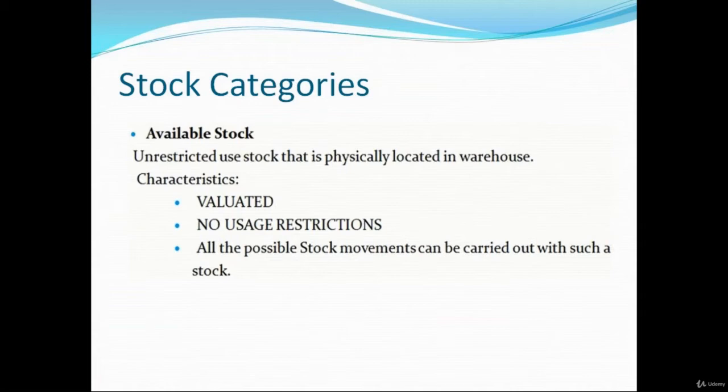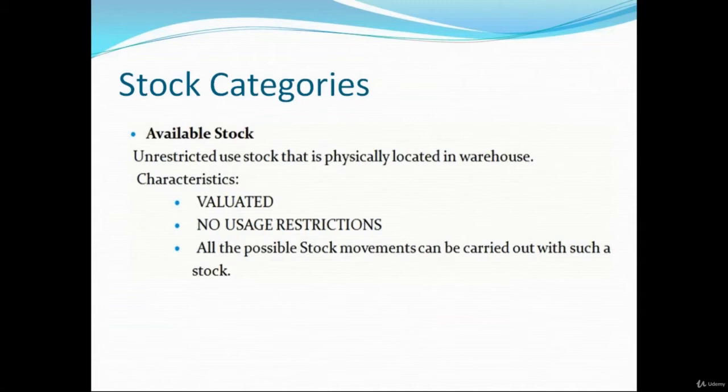Now we will see the various characteristics of this stock category. It is a valuated stock category. That means this unrestricted stock is counted. If the stock is lying in a particular storage location or in a particular bin, the quantity will be counted, and it will be recorded in IM as well as in the WM system.